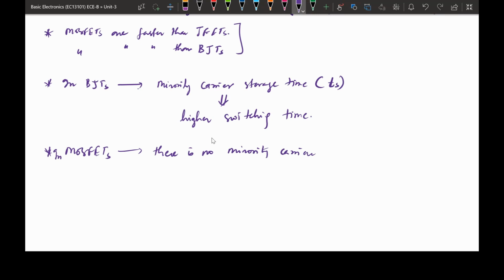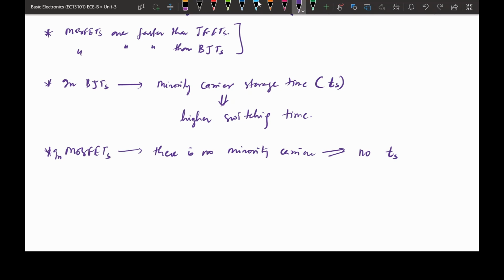Only the majority carriers constitute the current flow, and there is no concept of minority carriers. So if there are no minority carriers, there will be no minority carrier storage time.